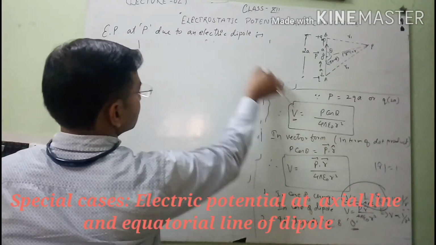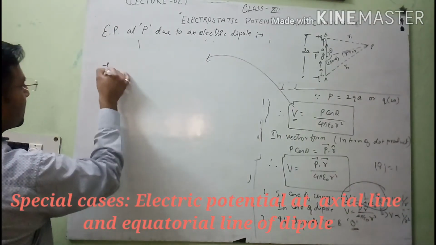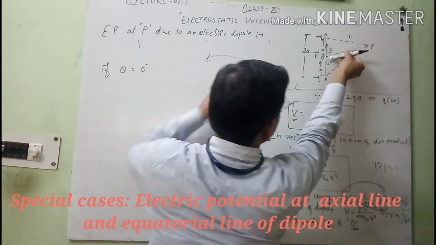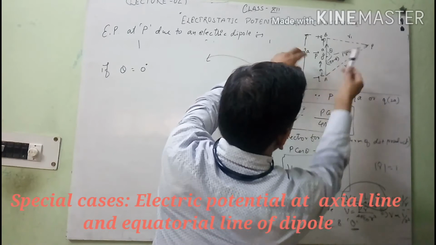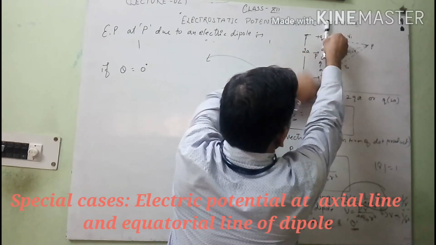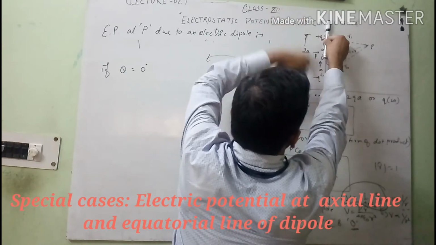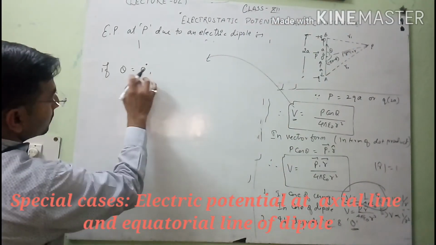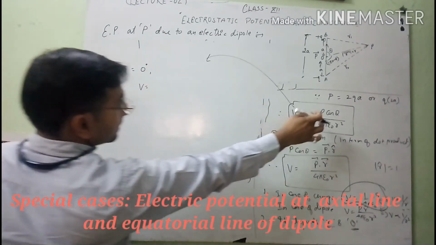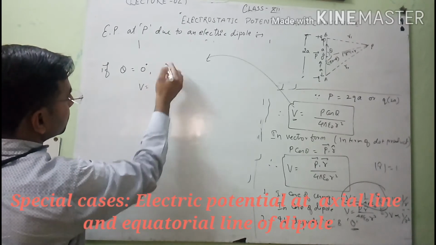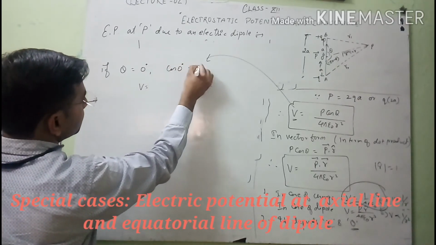If theta is equal to 0 degree, then this angle reduces like that and it becomes the axial line of the dipole. So if theta is equal to 0 degree, you know the value of cos 0 is equal to 1.